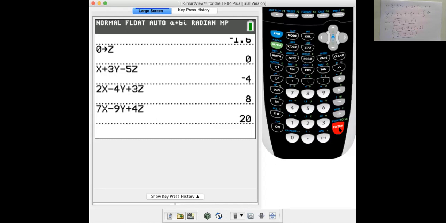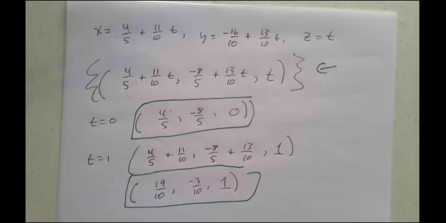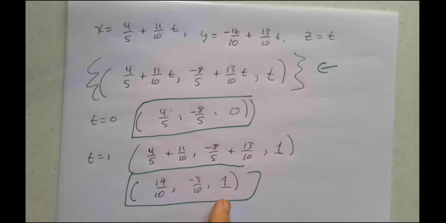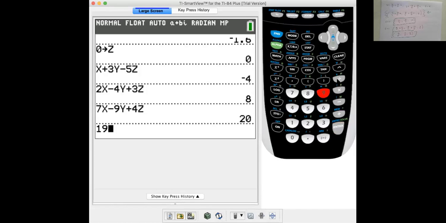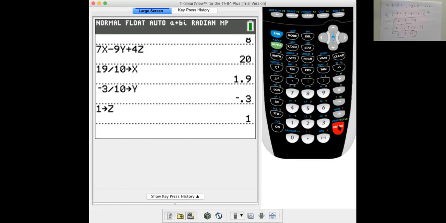And that was one of our answers. We had a second possibility. Remember, 19/10, -3/10, 1. So we'll plug those into the calculator to check. 19/10 store in x, -3/10 store in y, and 1 store in z. And we're going to go back to our equations.